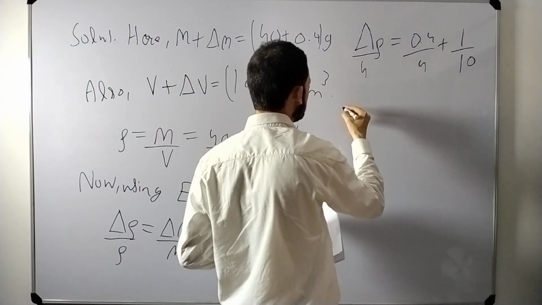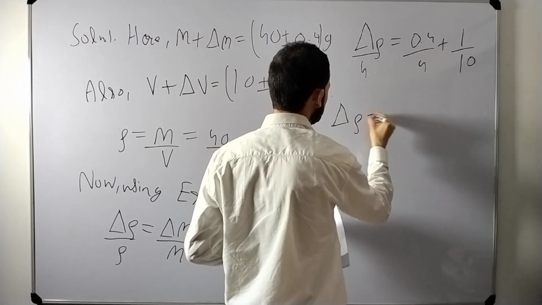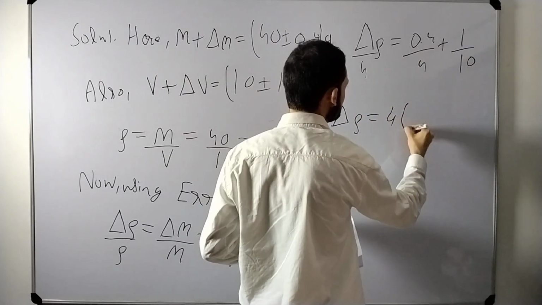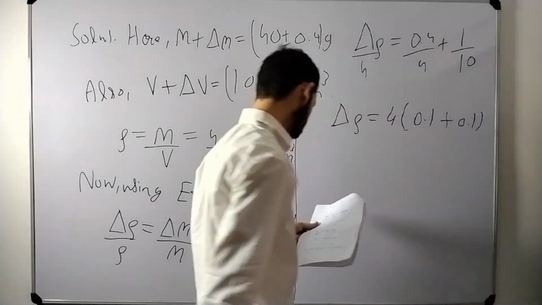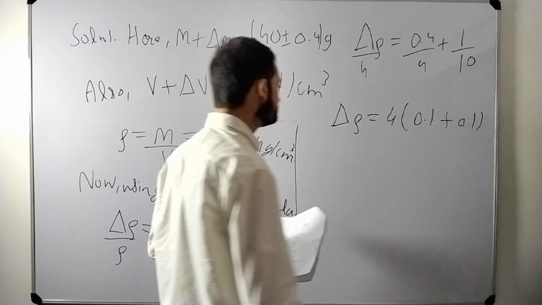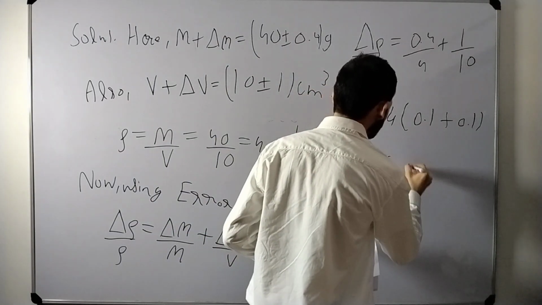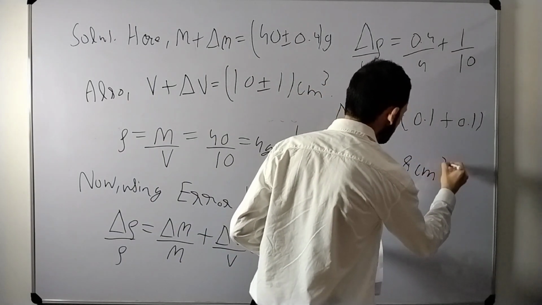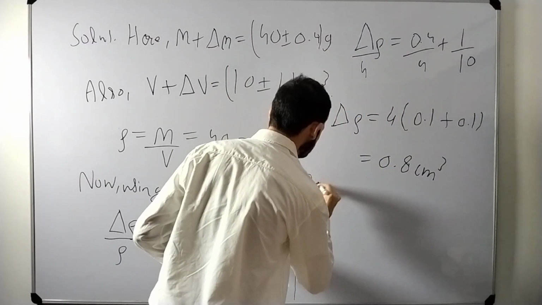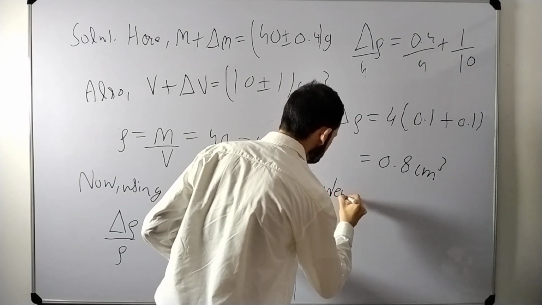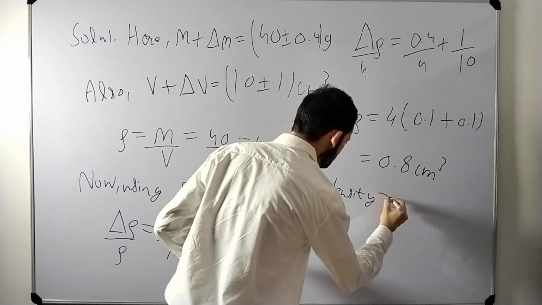So this makes del rho as equivalent to 4, 0.1, 0.1, 0.8 gram per centimeter cube. So the total density is what, students?